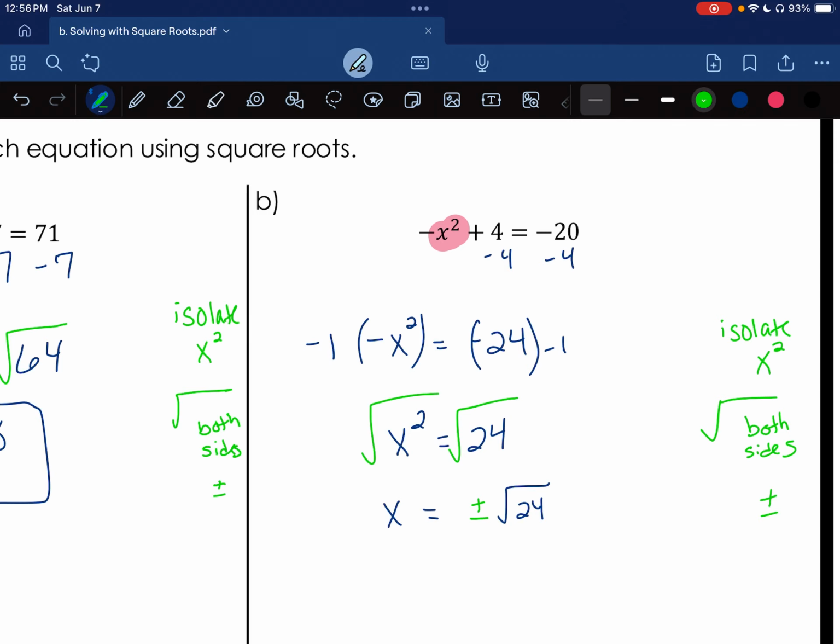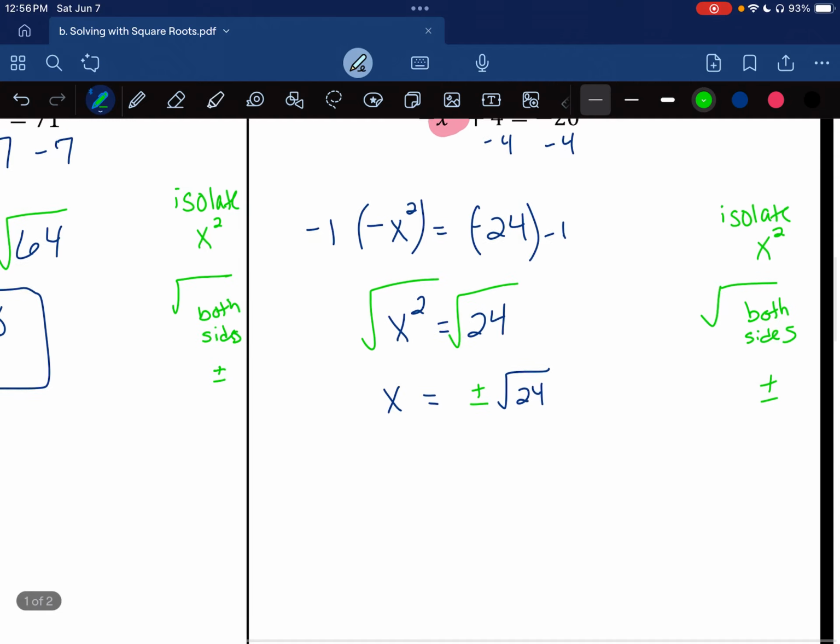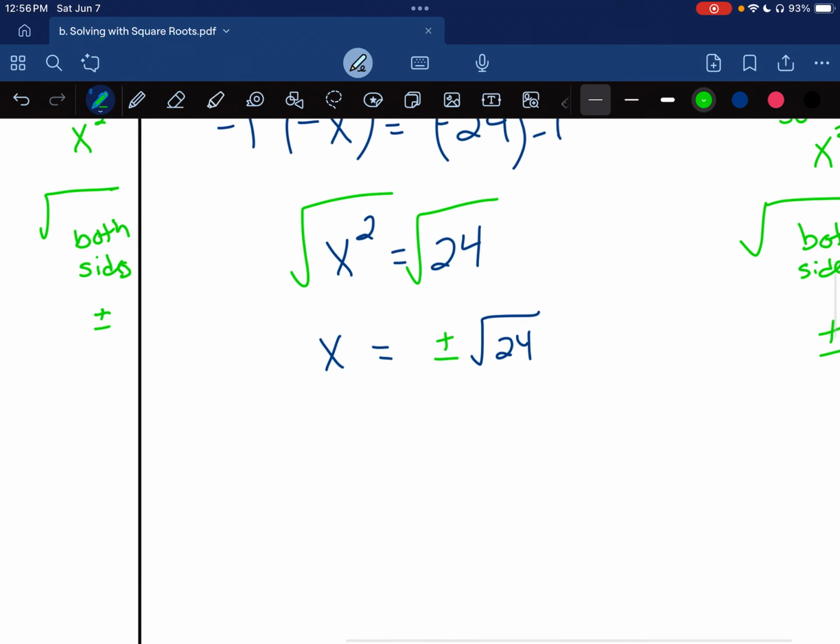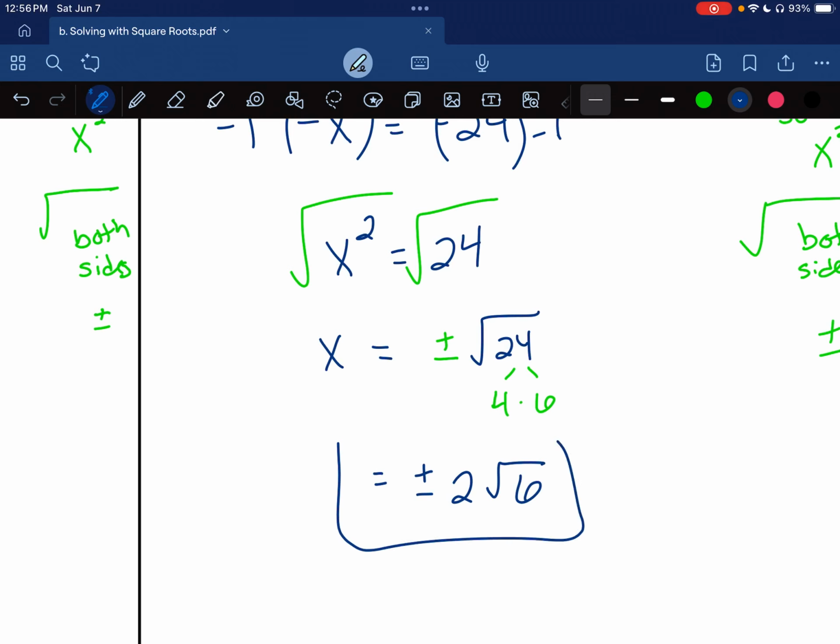Now remember, 24 is not a perfect square, but it does have a perfect square factor. I could think about breaking this up as 4 times 6, and I can take the square root of 4. So this will be plus or minus 2 radical 6. So sometimes we do have a little bit of simplifying that has to take place.